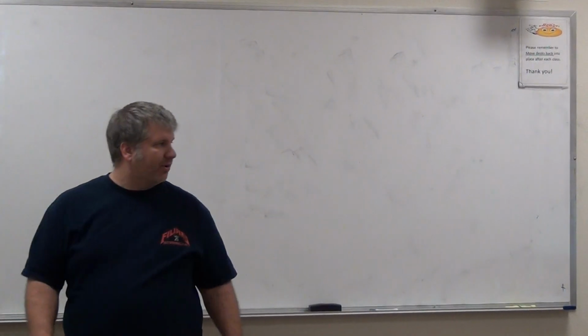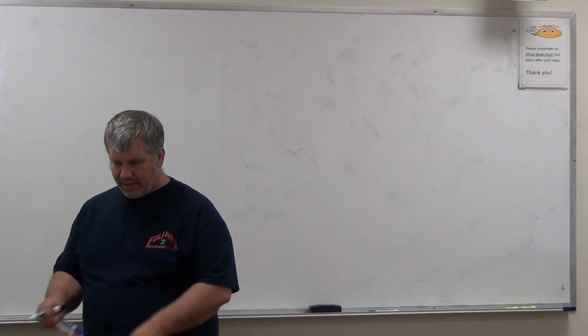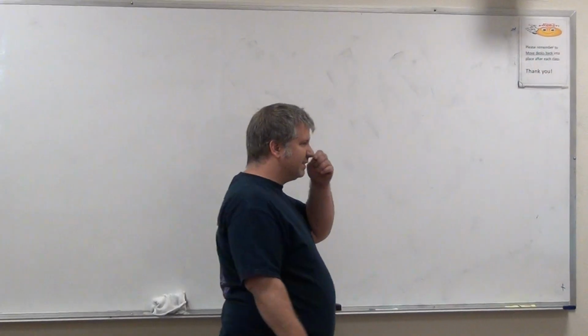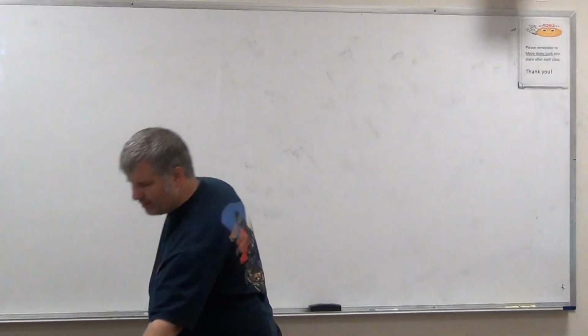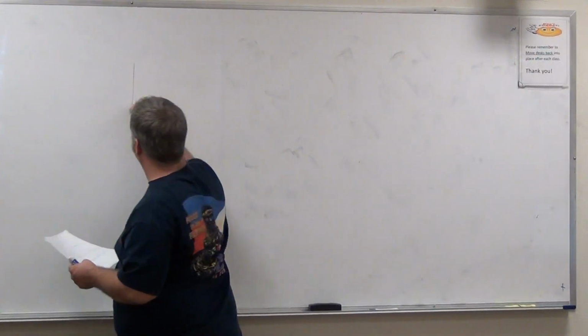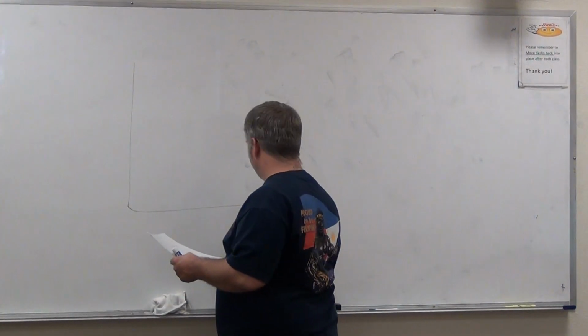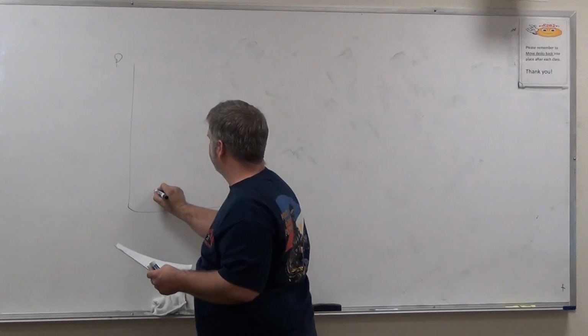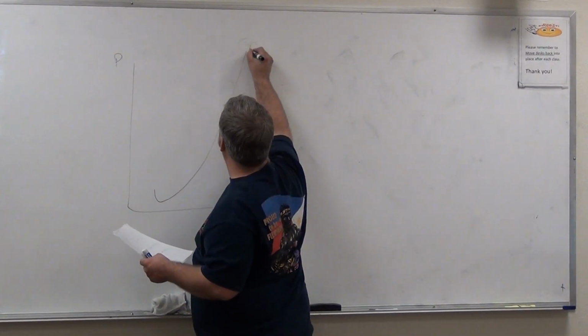So number 8 is a problem. It has Portia, is what it starts out at. And it gives you a graph. And the graph is, let me kind of draw it. We have quantity, we have price. And what they do is they give you a graph and they tell you, look, this is the marginal cost curve.